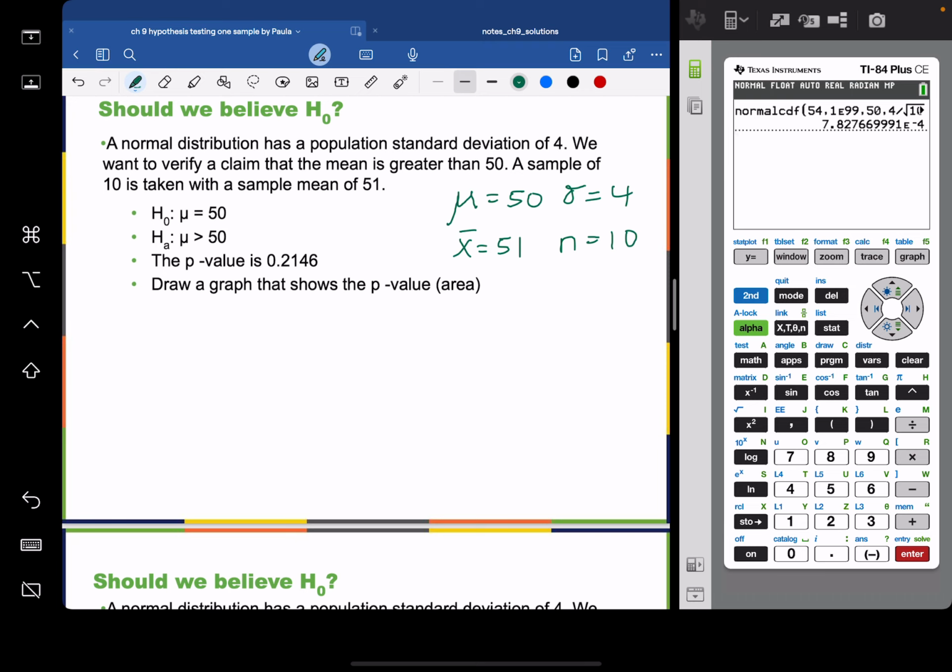So our null hypothesis is that mu is 50, and then if there's enough evidence, we can reject it and go to the alternate hypothesis that mu is greater than 50. I'm going to tell you right now, this is not that suspicious, but you can't just look at it and decide that. You have to do the math. So we're going to go through the process of drawing a graph that shows the p-value.